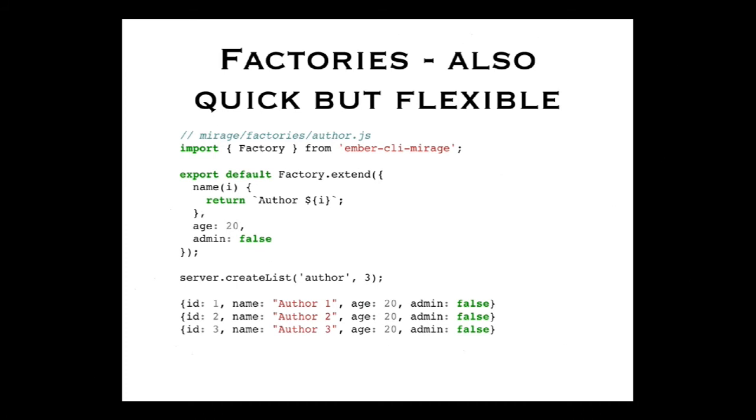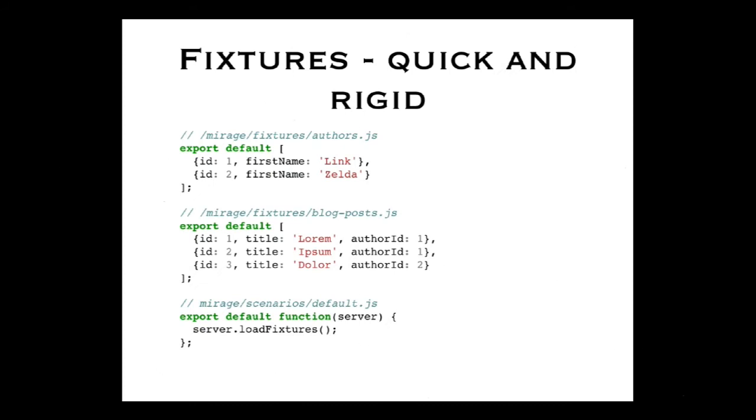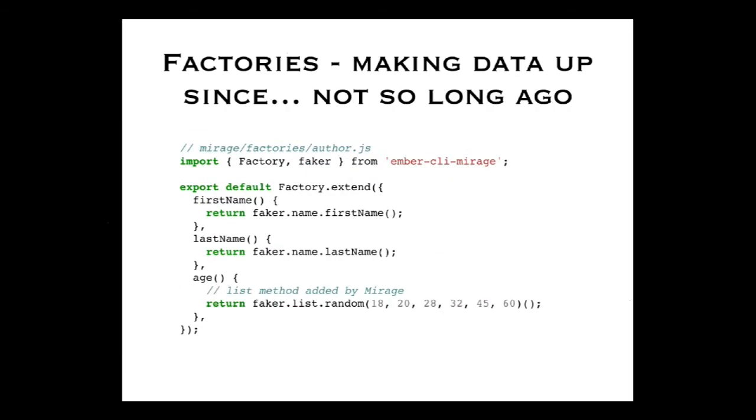Okay, and the server.createList could be put in this scenario default.js file. So it runs where your application boots and populates the database. And since the last version, you also get access to the Faker library, which is pretty cool because it provides you with random yet meaningful data, like first names, last names, and some random list generation, which is pretty important in my opinion.